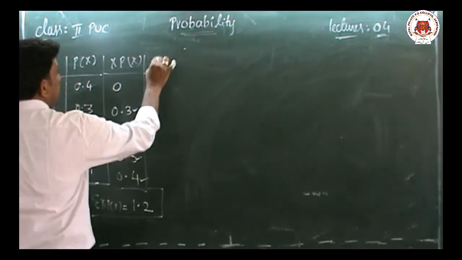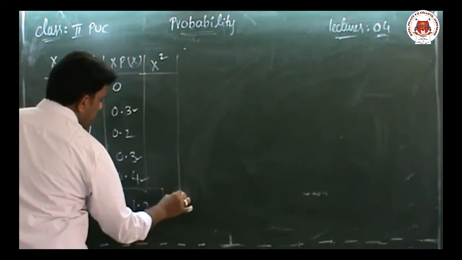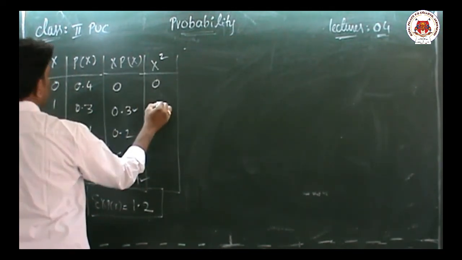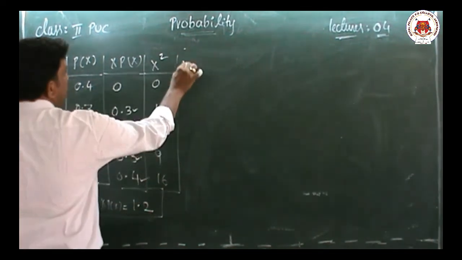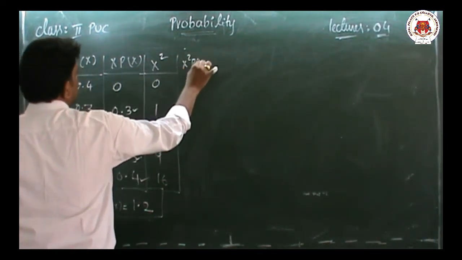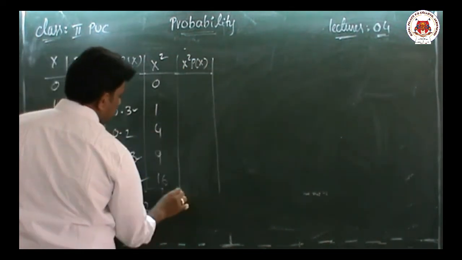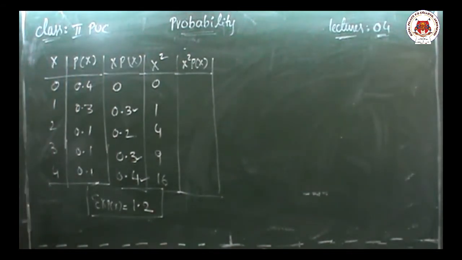Again we have to do the x square also. So x square means 0 square is 0, 1 square is 1, 2 square is 4, 3 square is 9, 4 square is 16. So x square into p of x we have to do. X square is here, p of x is here.